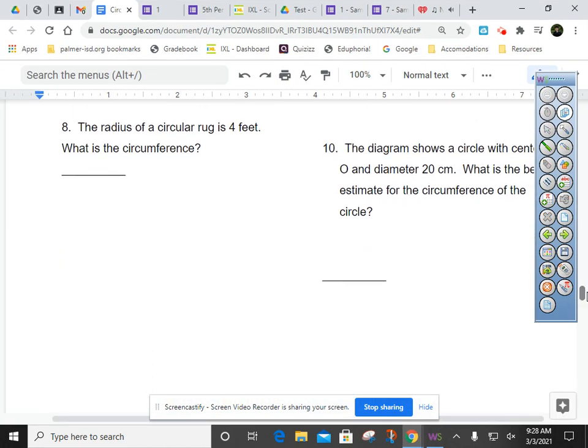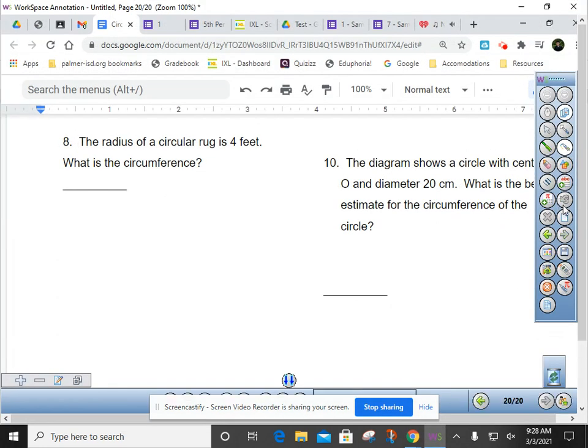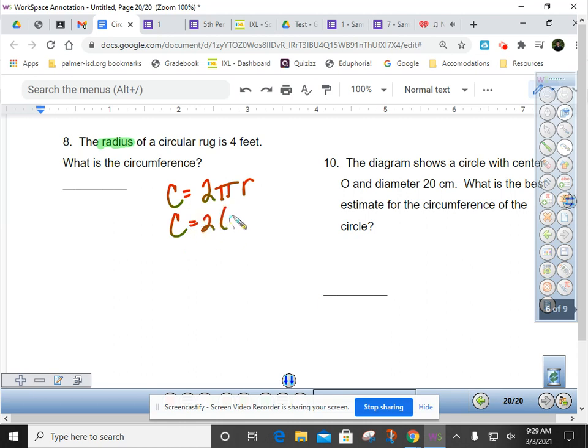Look at number 8. The radius of a circular rug is 4 feet. What is the circumference? What do they give you here? The radius. What formula would you like to use? 2 pi r or pi d? 2 pi r. If you use 2 pi r, you're gonna have C equals 2 times 3 times what? 4.